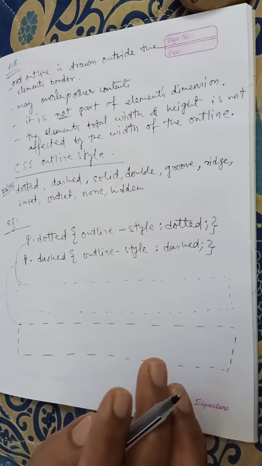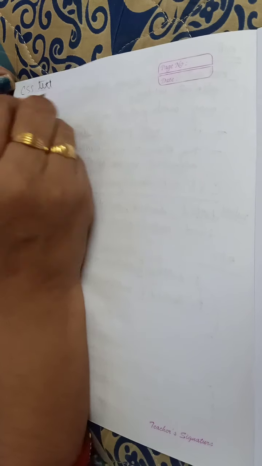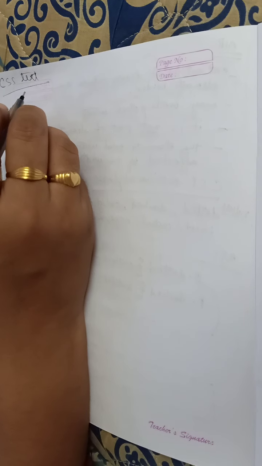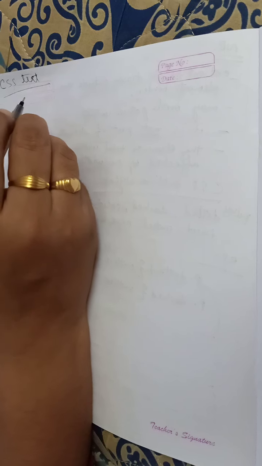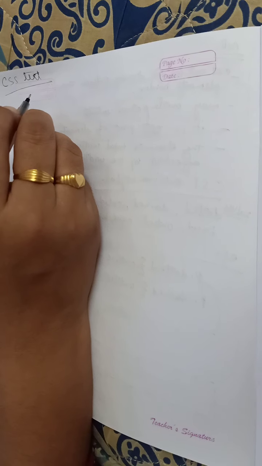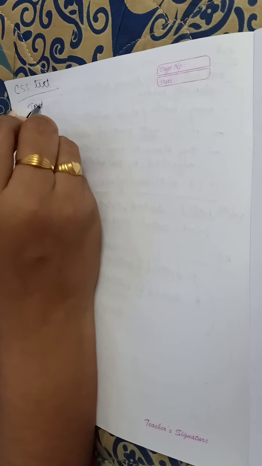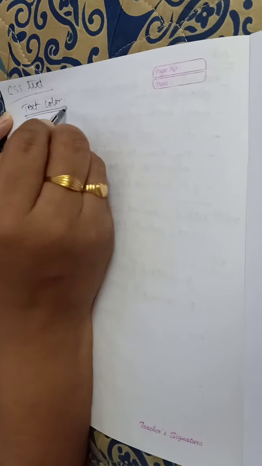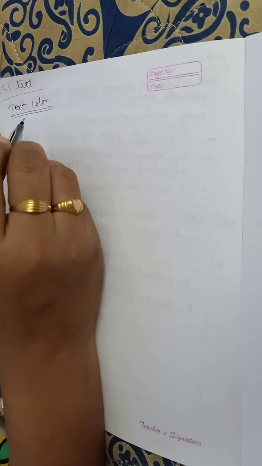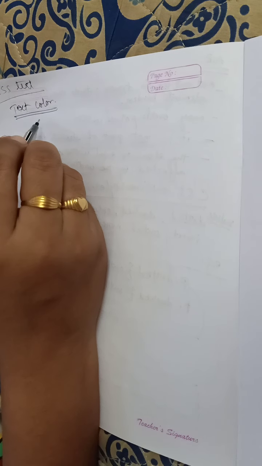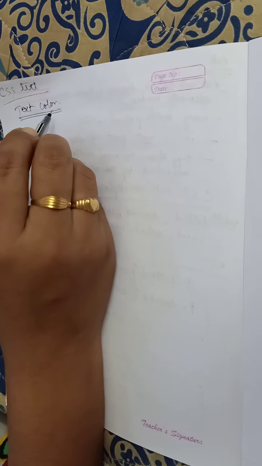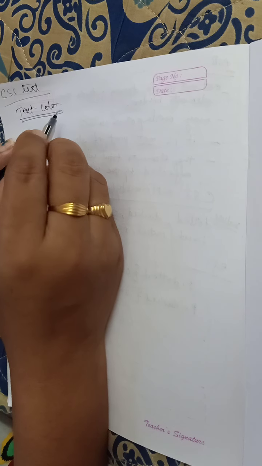now coming to CSS text. Okay, so text formatting we can do using CSS. So first is our text color. The color property is used to set the color of the text.